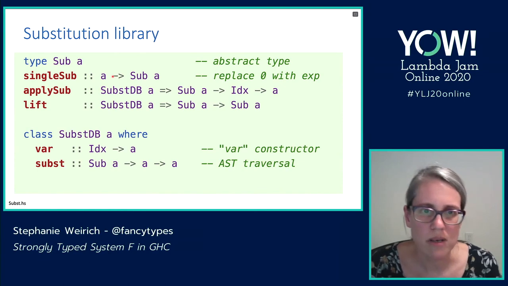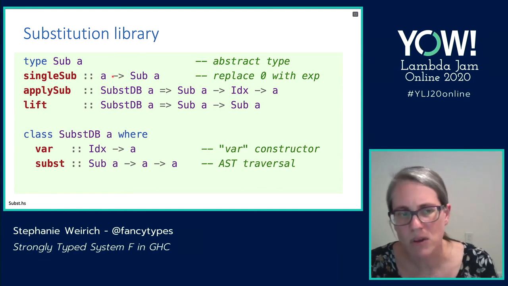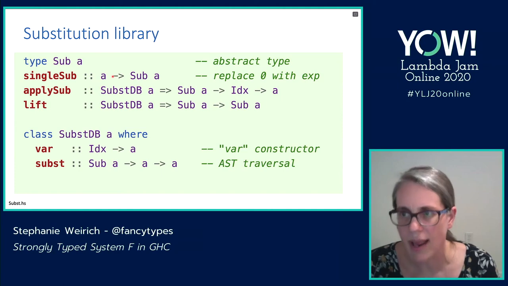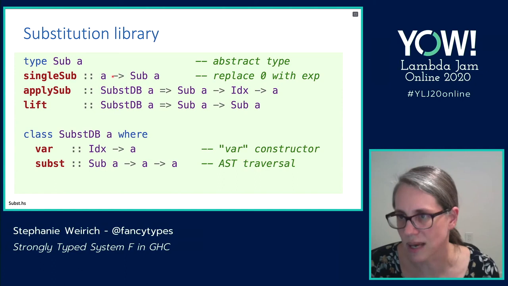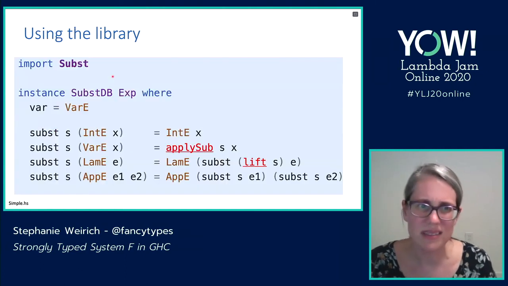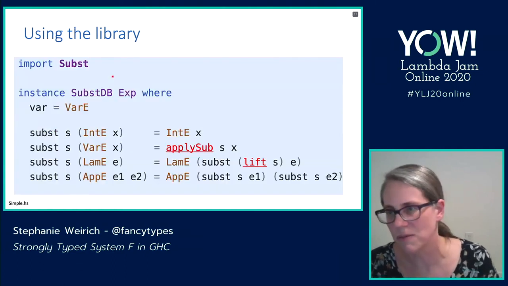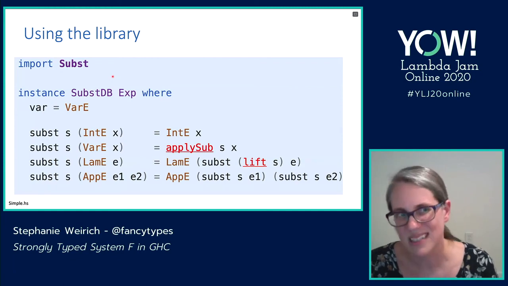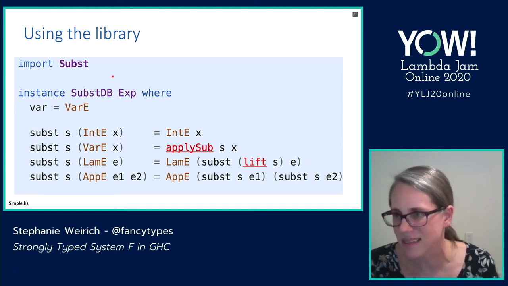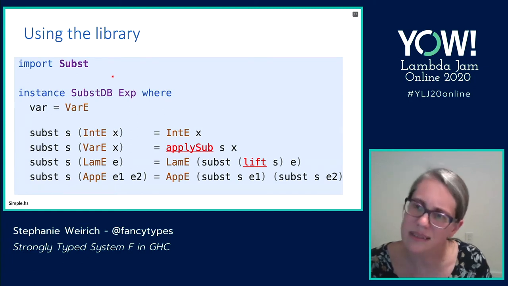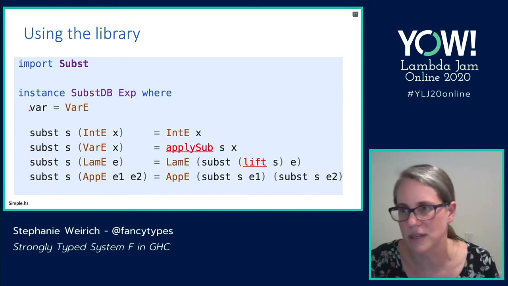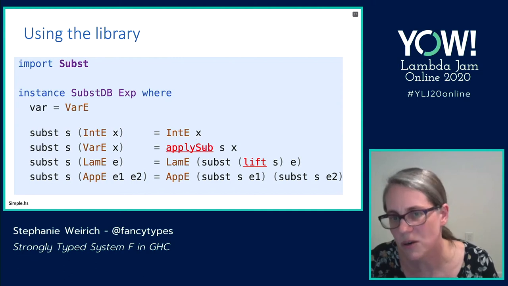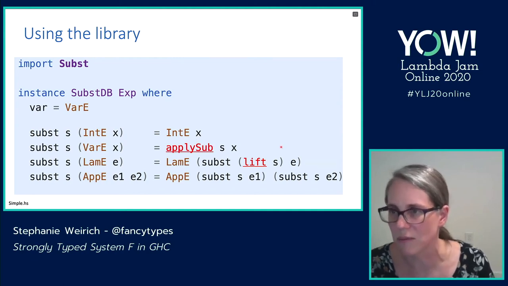But what I want to show next is, if we have this library, how we can use it to get our substitution and finish out our evaluation example. This part is almost what we've seen before. We just need to import the library that defines these operations, and then create an instance of that type class that tells the library, here's what the variable constructor is, and here's how to define the substitution operation in terms of the apply, sub, and lift operations that come from the library.